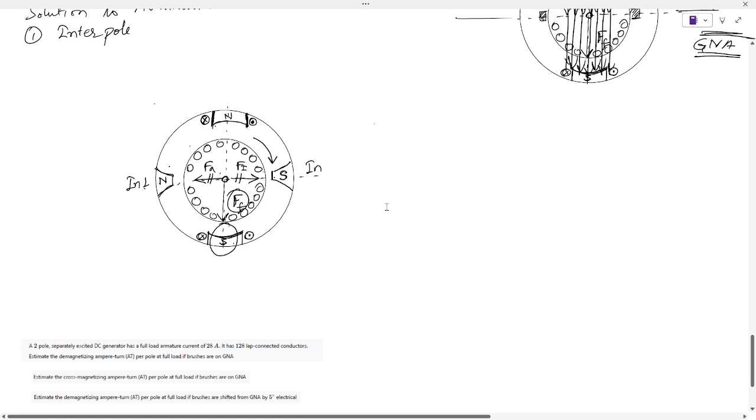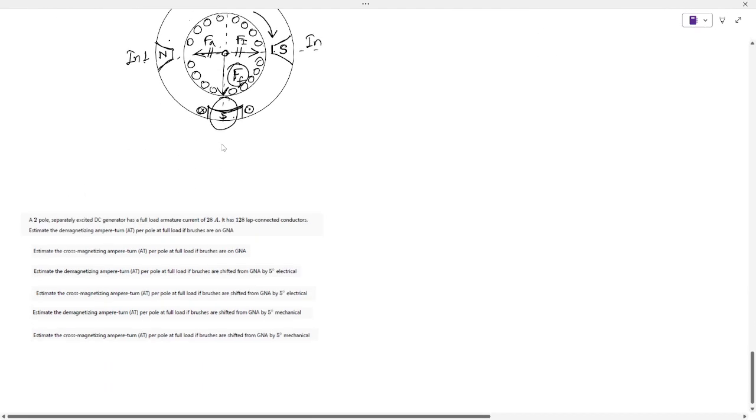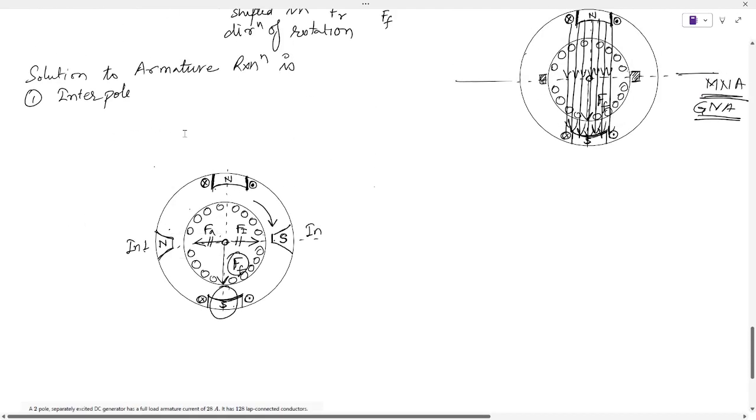Are you able to understand what I am saying, or should I speak in Hindi? Please respond so that I can explain better. Okay. You understood, Neeraj, how the interpole is working?